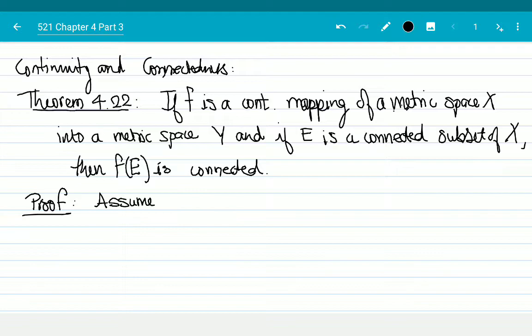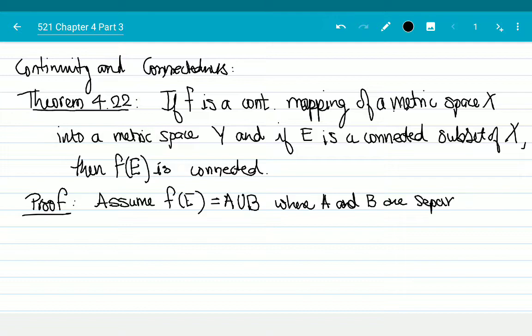Assume f(E) is equal to A union B, where A and B are separated non-empty subsets of Y.